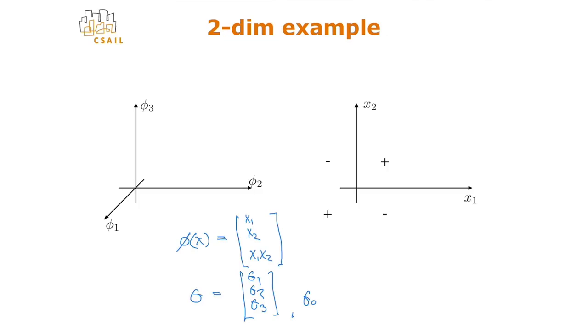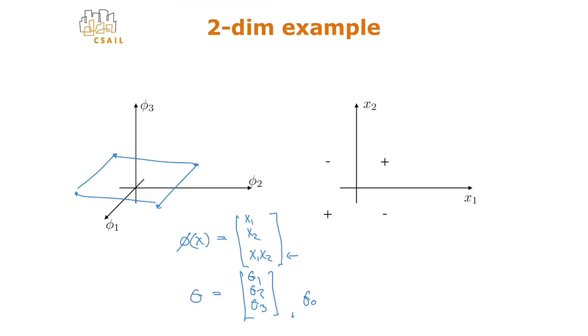I can draw the phi 1, phi 2 plane here, where the examples previously lay, x1 and x2. And they lay in these corners, but now you can see that based on the last coordinate of the feature transformation, the positively labeled examples have coordinates that are all positive for phi 3, and negatively labeled examples have negative values for that coordinate.